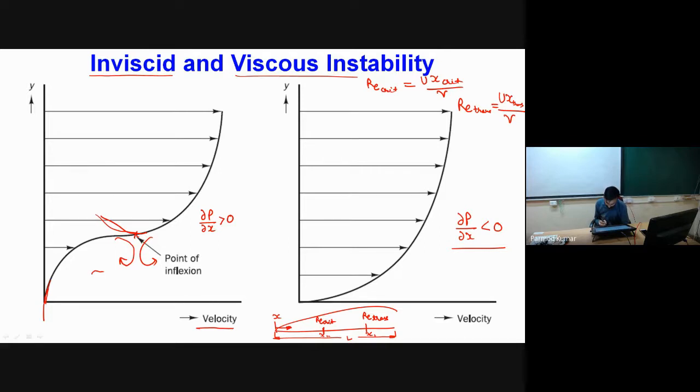So this is the condition for the onset of amplification of perturbations, and this is the condition after which our flow completely becomes turbulent, because the perturbations that have formed cannot amplify further in the next region.